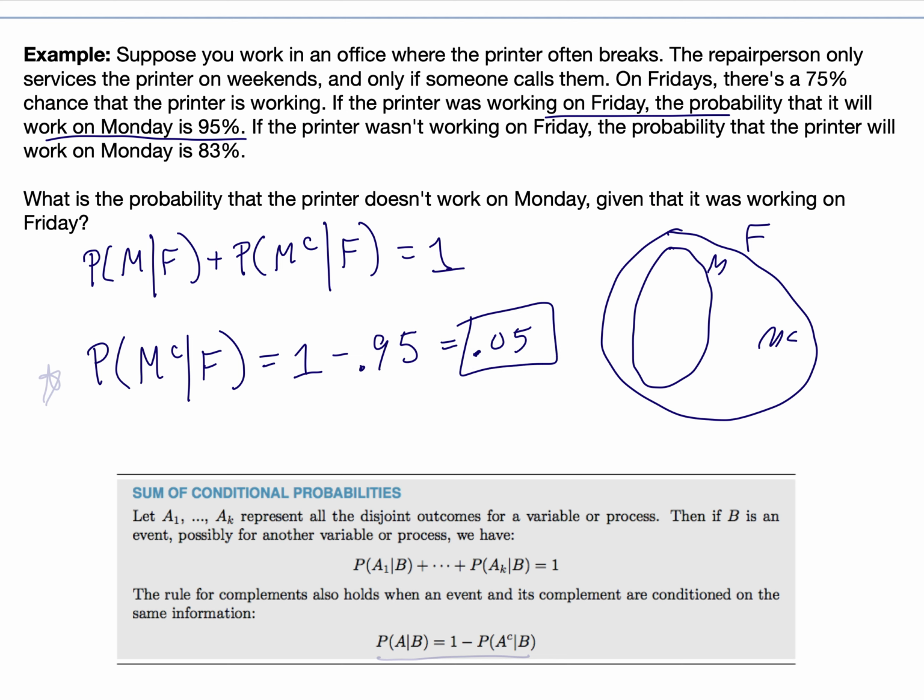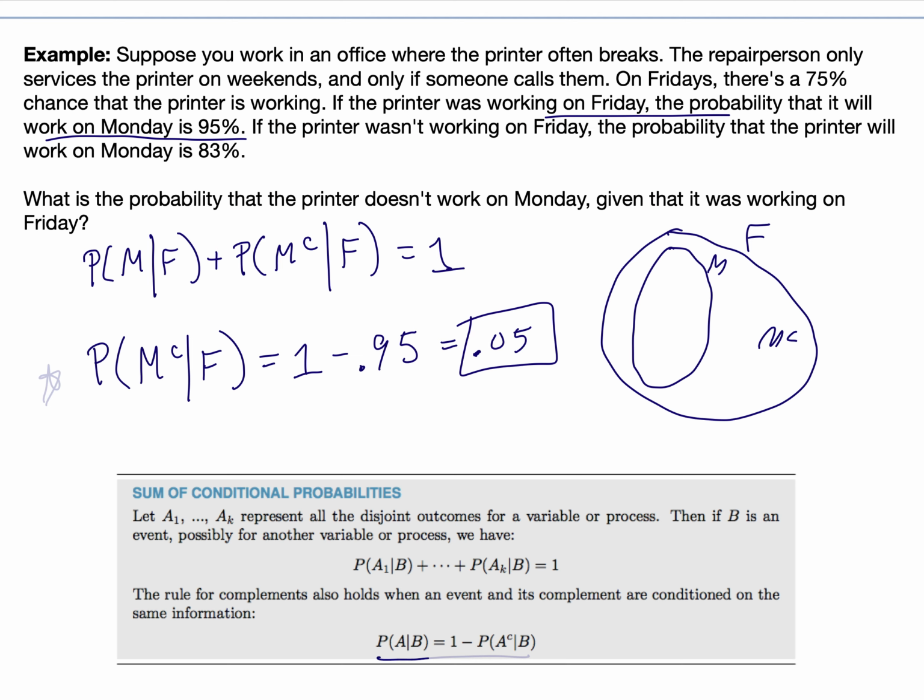More generally, we've got this sum of conditional probabilities rule: if A1 through AK represent all the disjoint possible outcomes for a process (above it was just the printer works on Monday or it doesn't, just 2 possibilities, but there could be a situation where you have many more possible outcomes, different die rolls or whatever), then the probability of A1 given some variable B plus the probability of A2 given B plus ... plus the probability of AK given B is equal to 1.